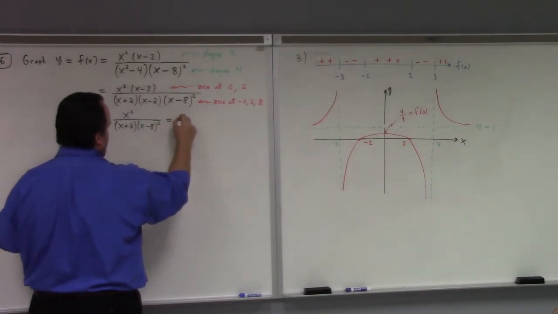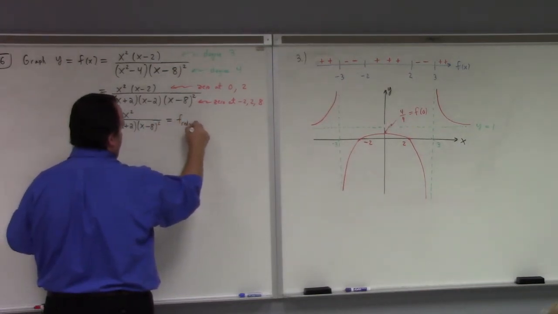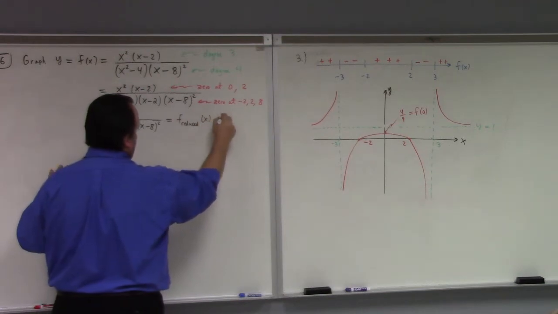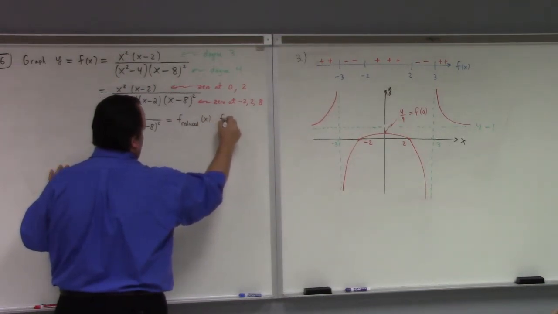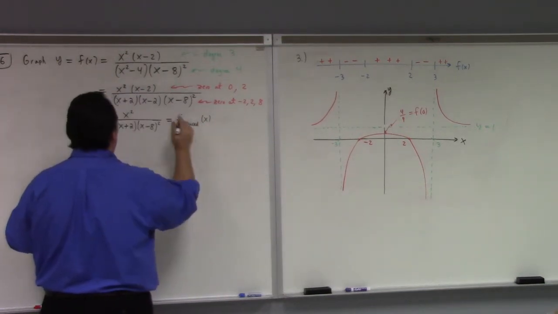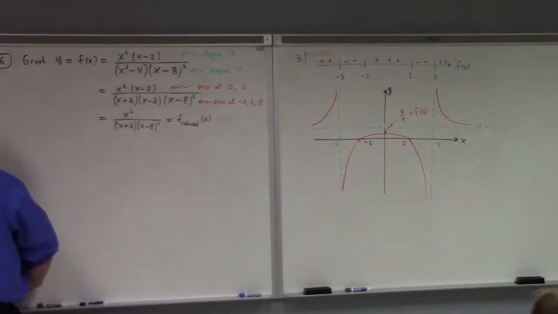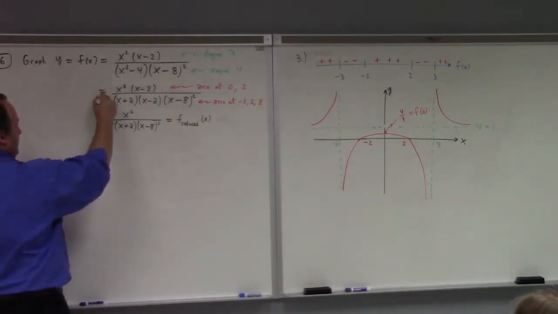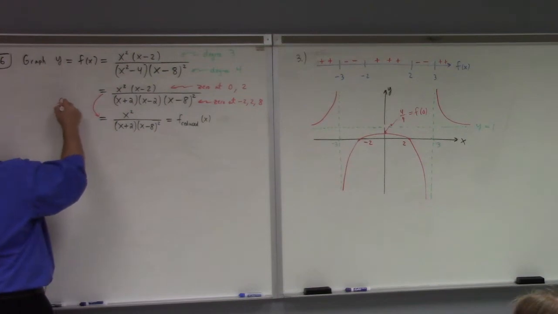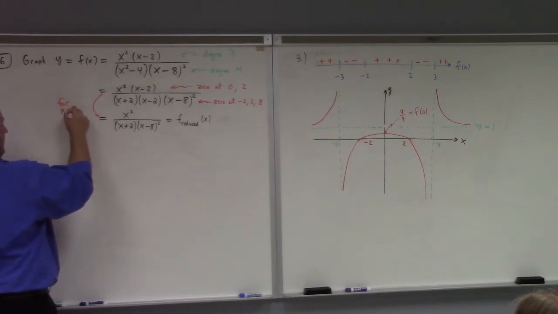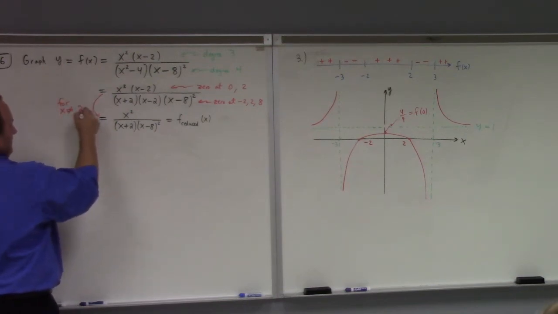So this is equal to f reduced of x. And to be fussy, this step right here, going from here to here, that's for x not equal to 2.